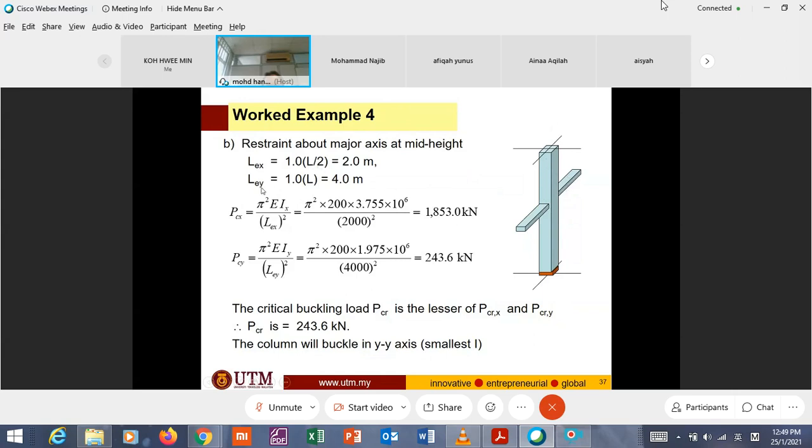Therefore, L over 2, and LEY equal to 1.0 L. You substitute into here, and you get PCY as the lesser buckling load. Okay, and what happens if it is both restrained at mid height?